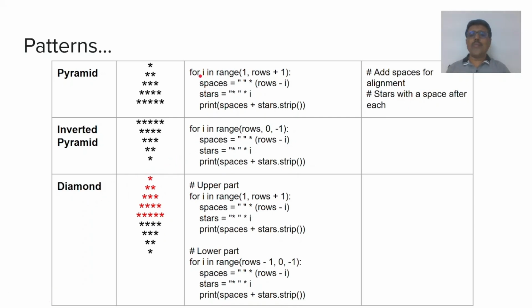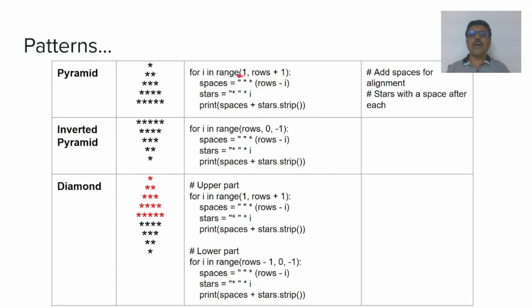So here what I'm doing, I know my number of rows is 5. I'm starting with 1, rows plus 1, I'm giving it here. So now how many spaces do I need to give here? Can you just imagine? I just give spaces equal to rows minus i.